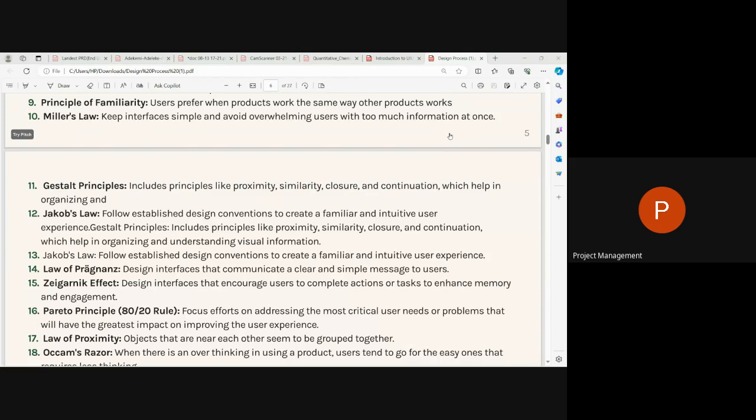The file is going to be sent to the community group. Then please, does anyone have any question? Please raise your hand.